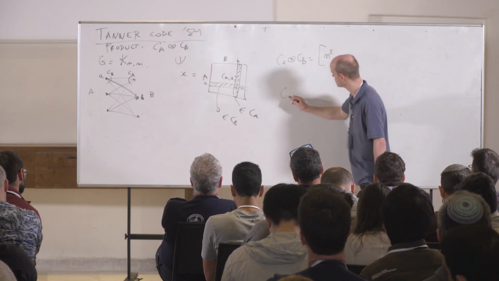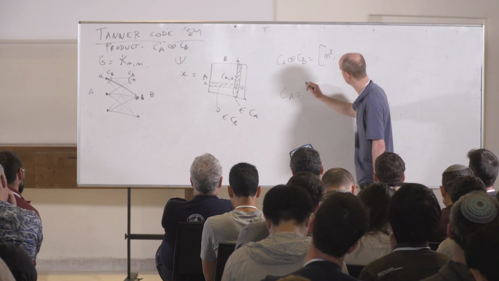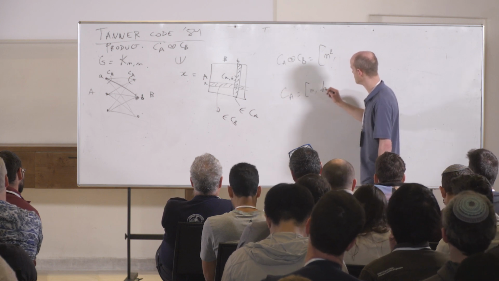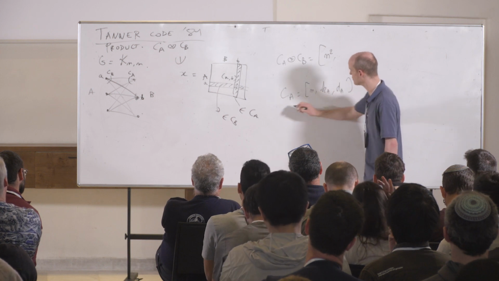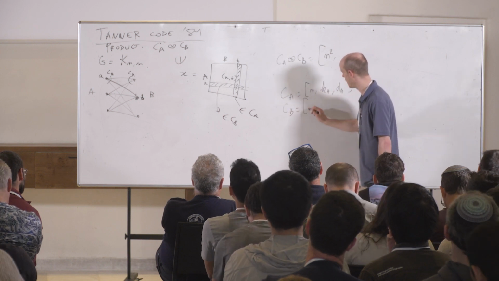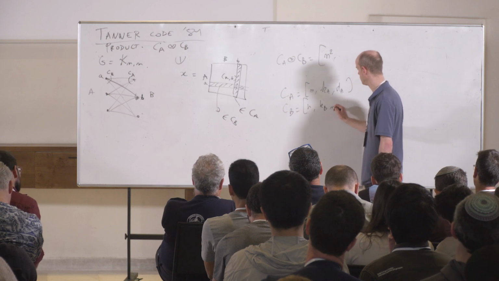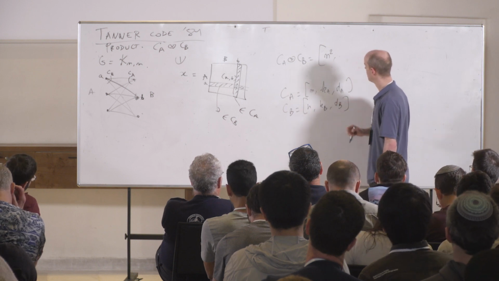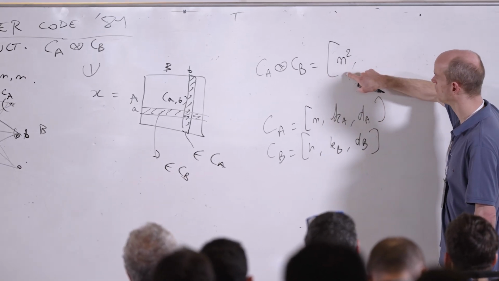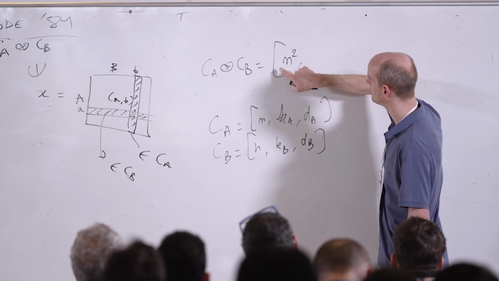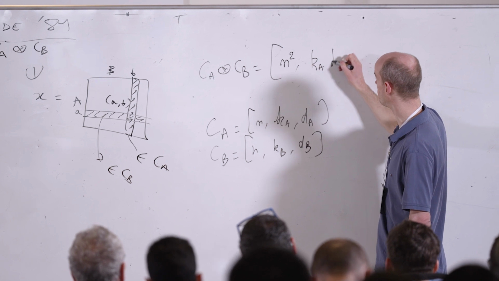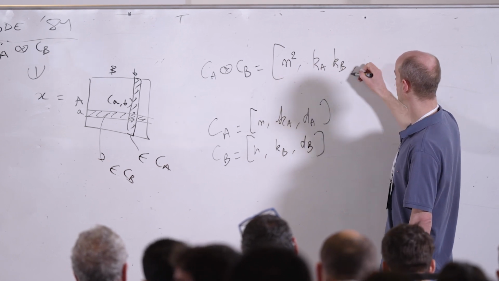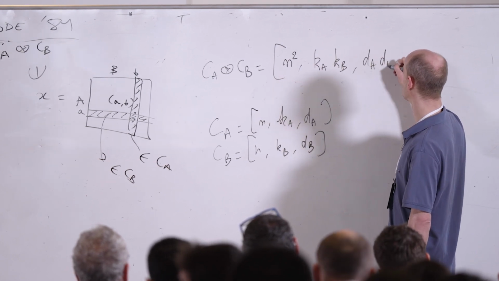I assume that CA is a code of length n with KA bits and distance dA, and the same for CB, so n, KB, dB. Then you can show that the length of this thing is n squared, the dimension is just the product of the dimensions, and the distance is the product of the distances.